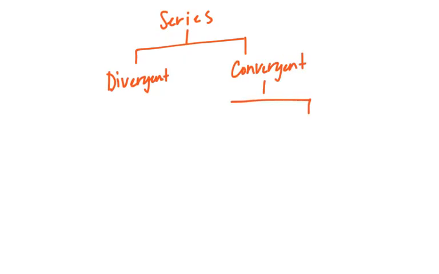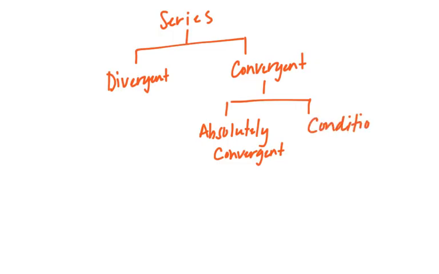Now, a convergent series has two options. It can be absolutely convergent, or it can be conditionally convergent.